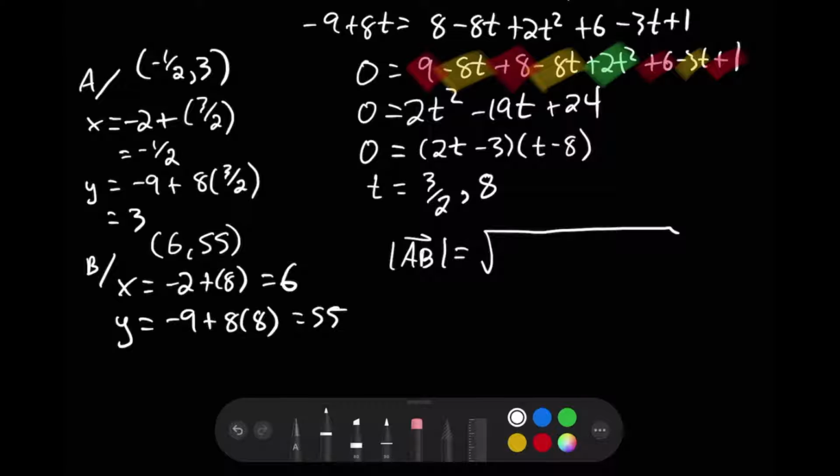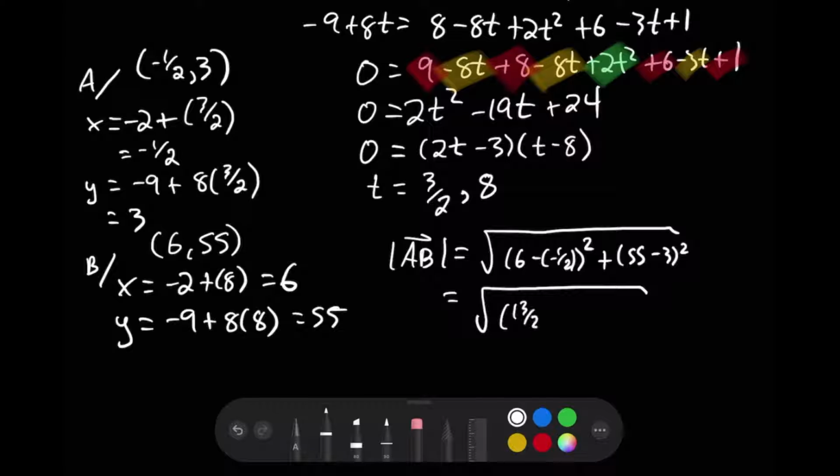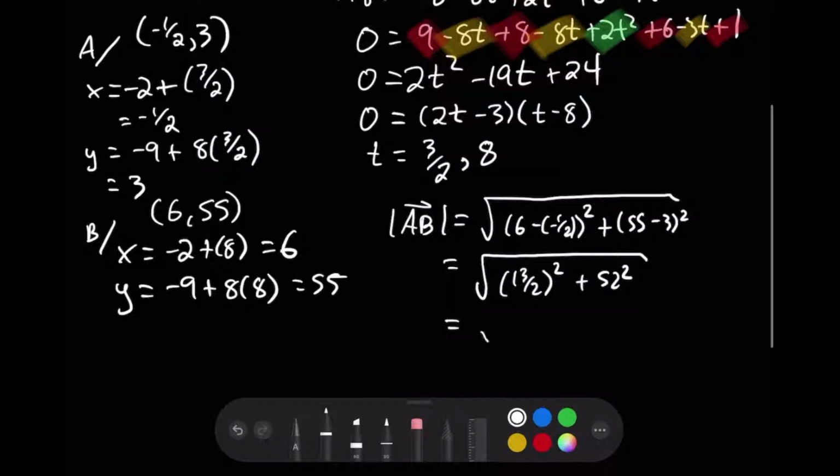So we're going to have 6 minus -0.5 squared plus 55 minus 3 squared, which is going to give us 13 over 2 squared plus 52 squared, which in exact form is going to give us root 10,985 over 2.